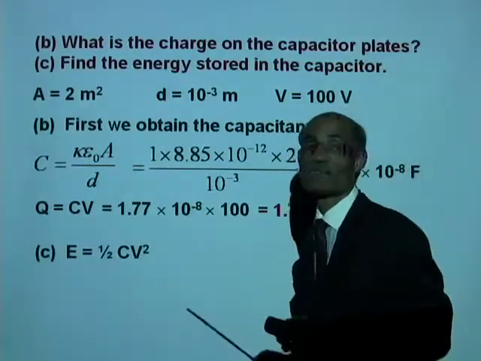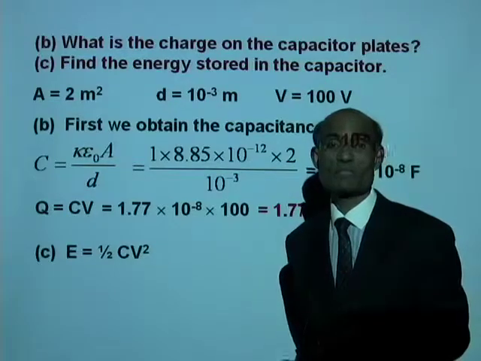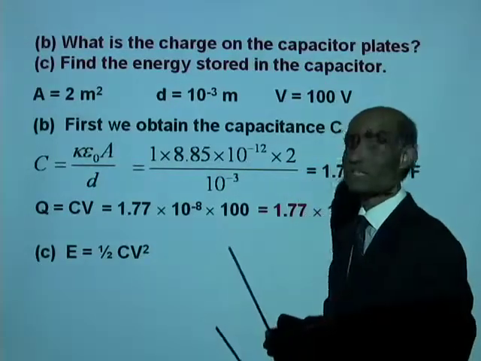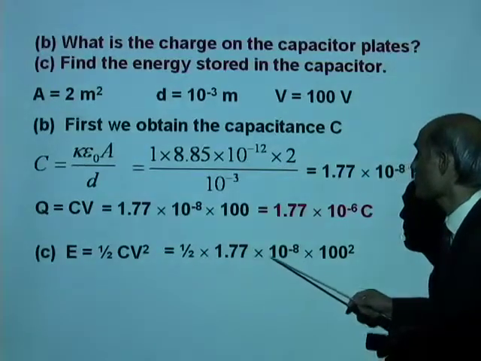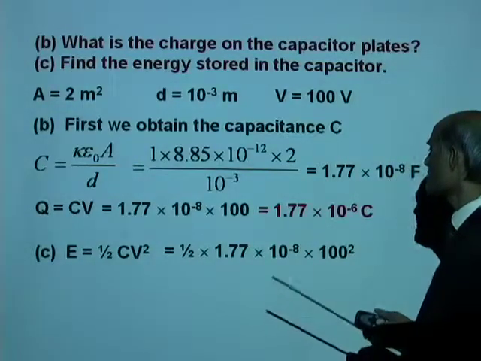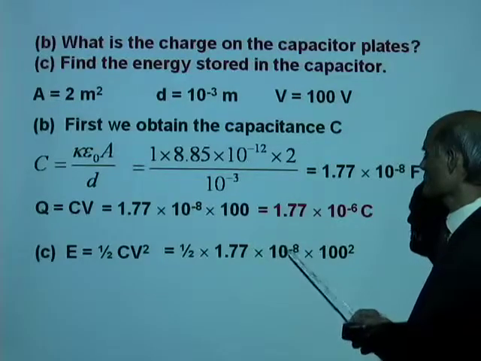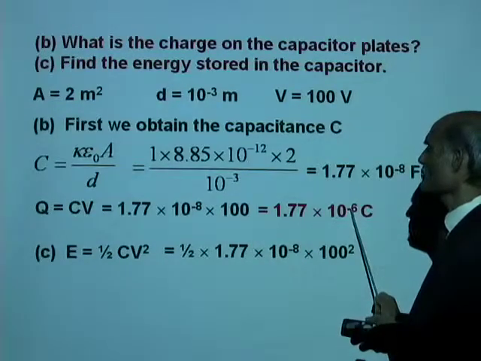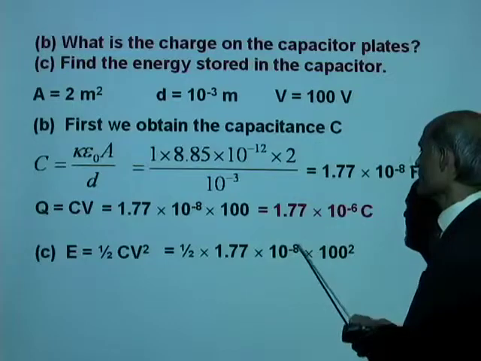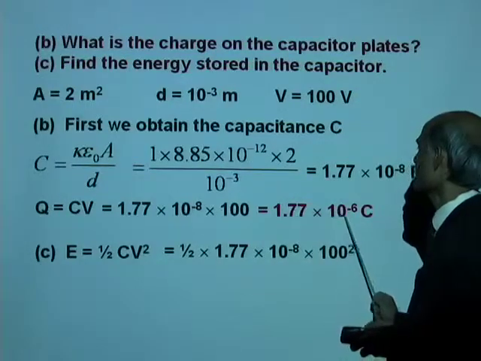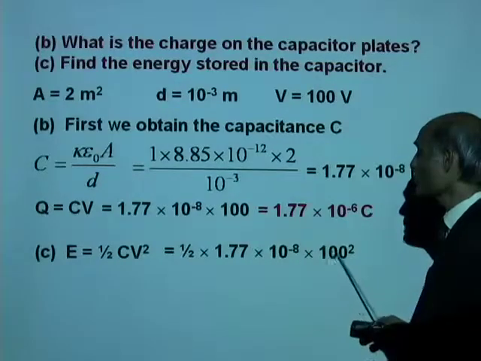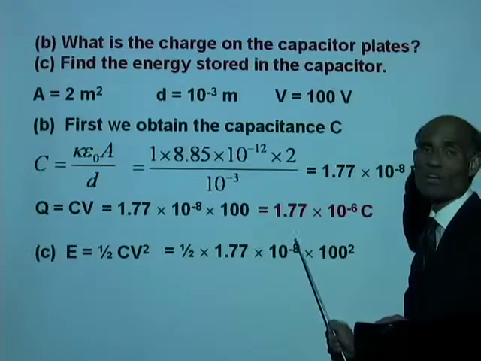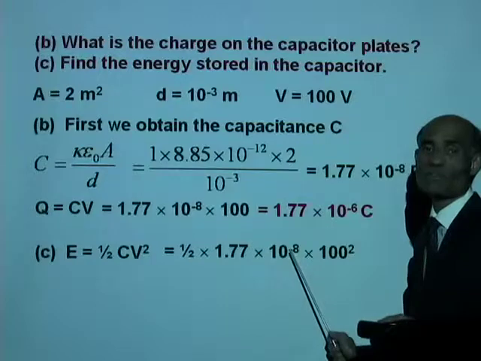We can use this. Energy of a charged capacitor is 1/2 CV squared. 1/2 C is 1.77 times 10 to the negative 8. Is it 10 to the negative 8 or 10 to the negative 6? Well, it should be 10 to the negative 6. Yes. You got to make that correction. So you know how important it is to keep up with this and to correct these small printing errors.